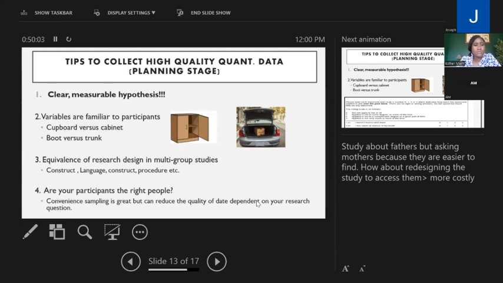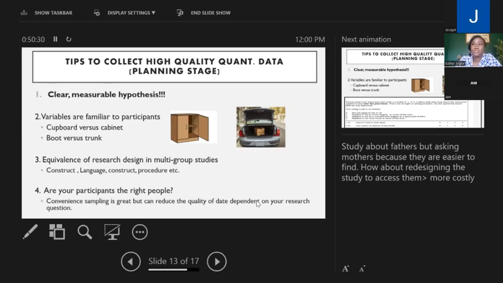You also have to ask yourself who exactly needs to be answering your research question, all right? Of course, that is dependent heavily on your research question, your hypothesis, what your hypothesis is about, right? It's going to guide who should be responding to the survey.